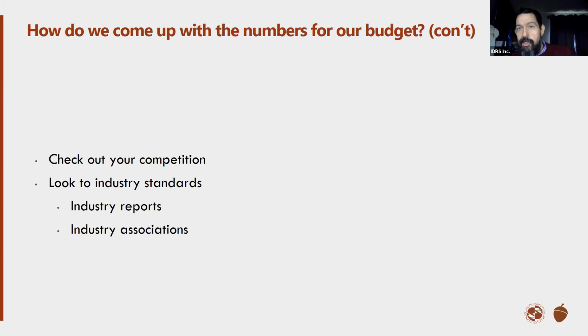If you're going to start a small hardware store, if you're going to start a DJ business, even, there are industry associations that can help you out, and what the average price is charged in different ratios and things like that. So I just wanted to let you know that all this information is not guaranteed out there, but we're just trying to suggest different places where you might get this information.